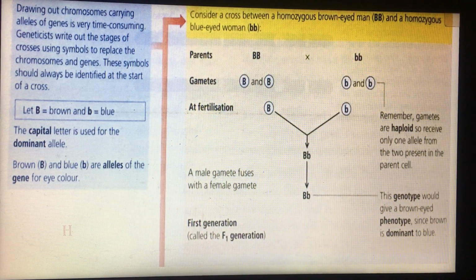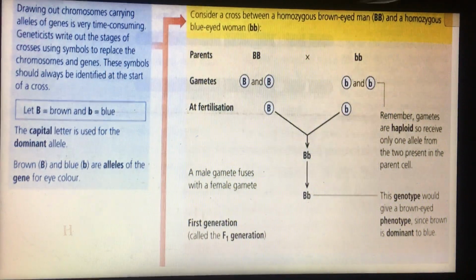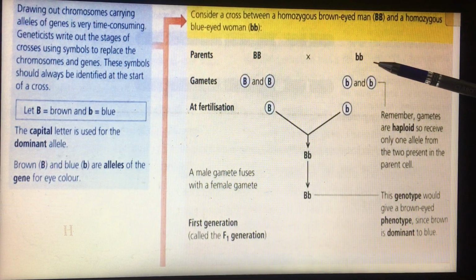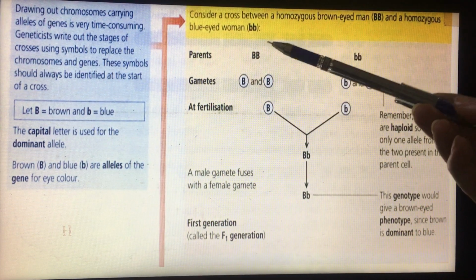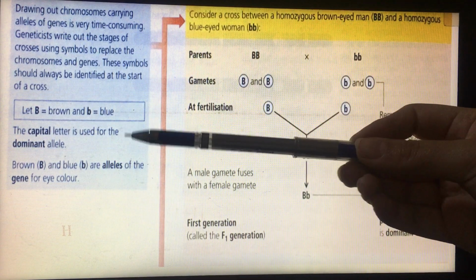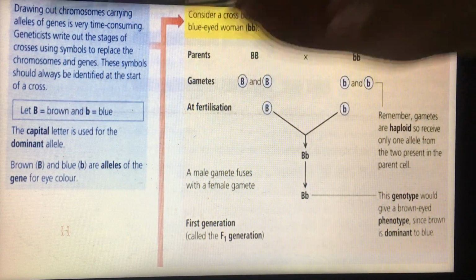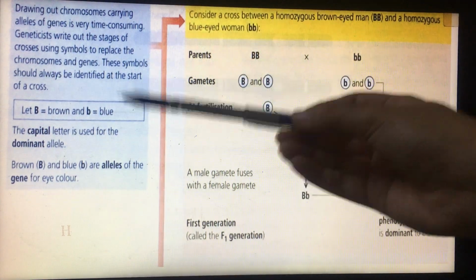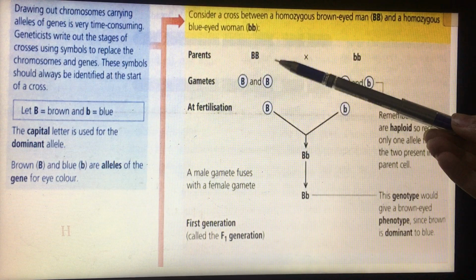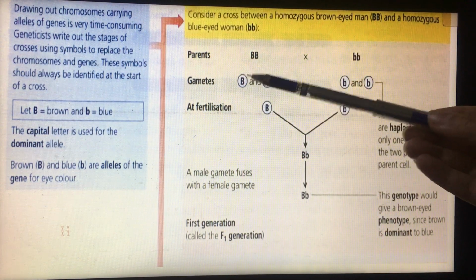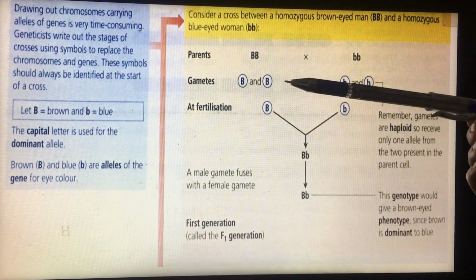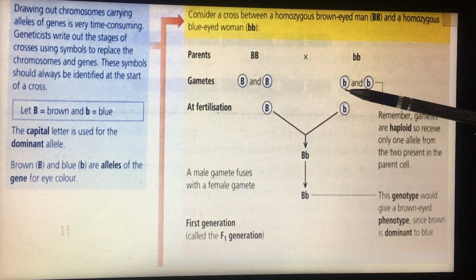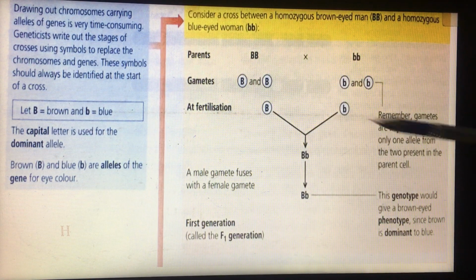Okay? Now, focus again. We have a homozygous brown-eyed man and a homozygous blue-eyed woman. Here we say that the dominant is B capital, which is brown color, and the recessive is blue color. So the man has the B capital, which is the dominant, and the woman has B small, the recessive.